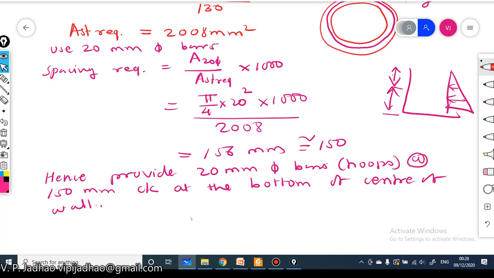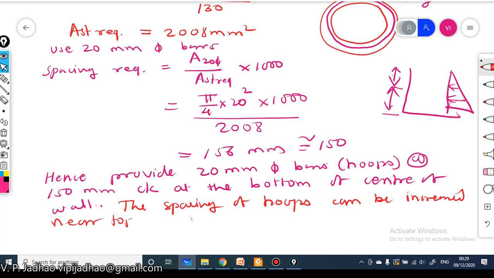Therefore the spacing of hoops can be increased near the top. Why? Because the hoop stresses developed at the top will be less.